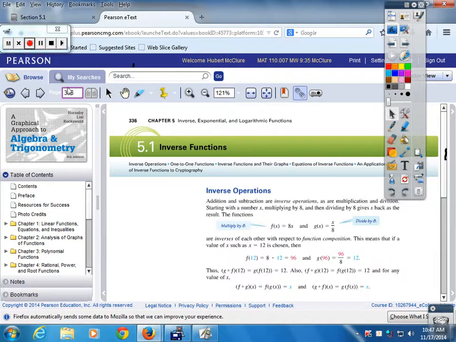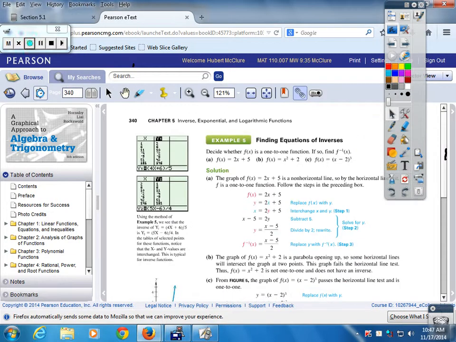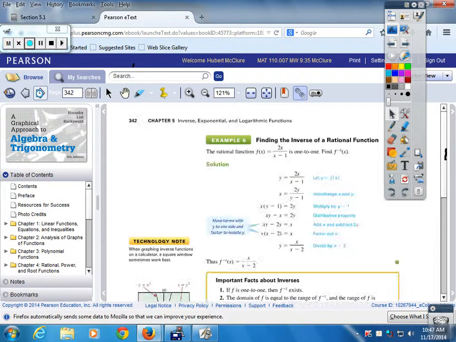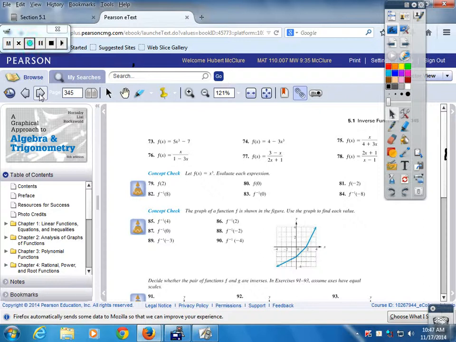This is a conspiracy. It's all Bush's fault. Okay, this is homework.